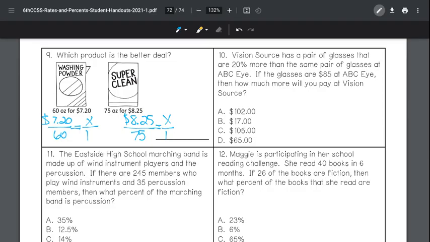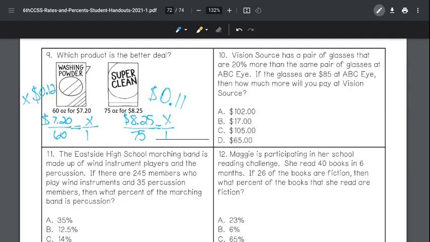So cross multiplying and dividing for the washing powder, $7.20 divided by 60 means for every ounce we're going to pay 12 cents. For the super clean, I have to do $8.25 divided by 75 ounces to figure out I'm paying 11 cents for every ounce.